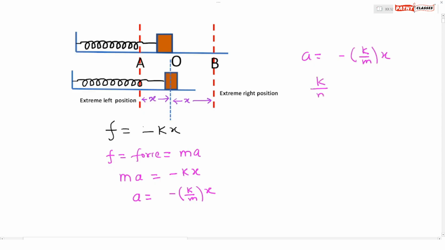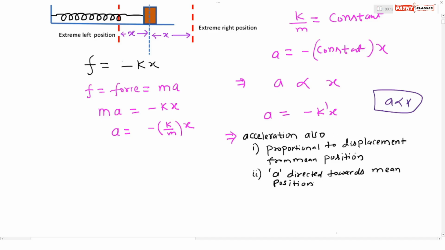Let us say k upon m equals a constant k dash, which implies a equals minus k dash multiplied by x, so a is proportional to x. So acceleration is directly proportional to displacement from mean position, and there is a presence of negative sign. This negative sign indicates that acceleration is directed towards the mean position and it is opposite to the direction of the applied external force.